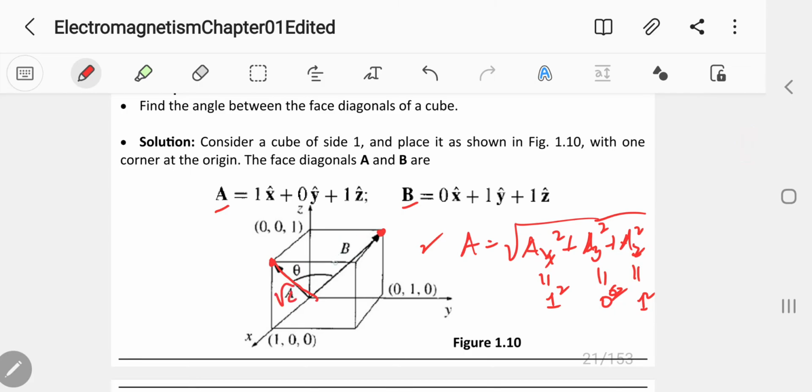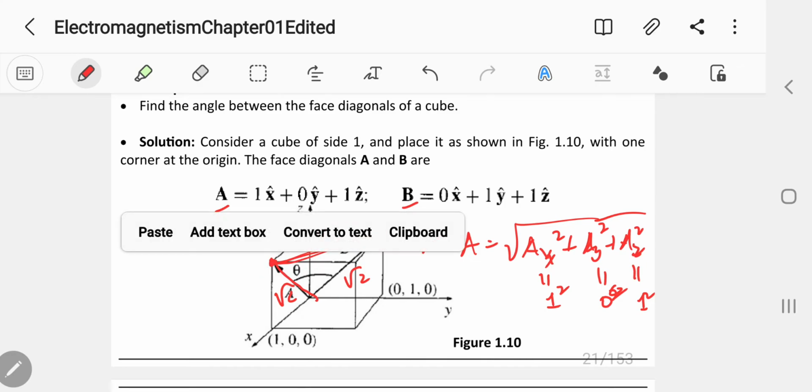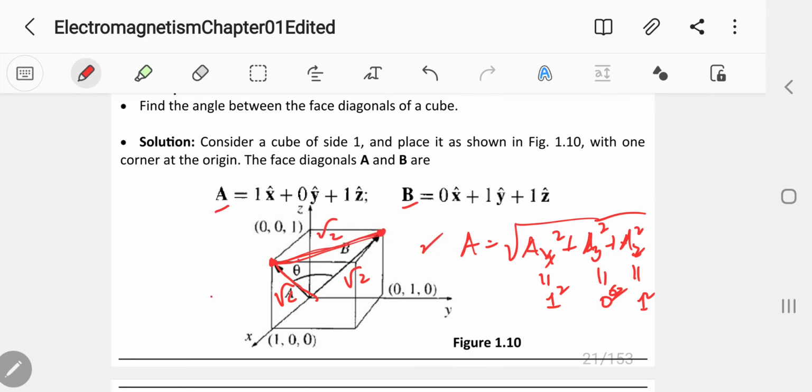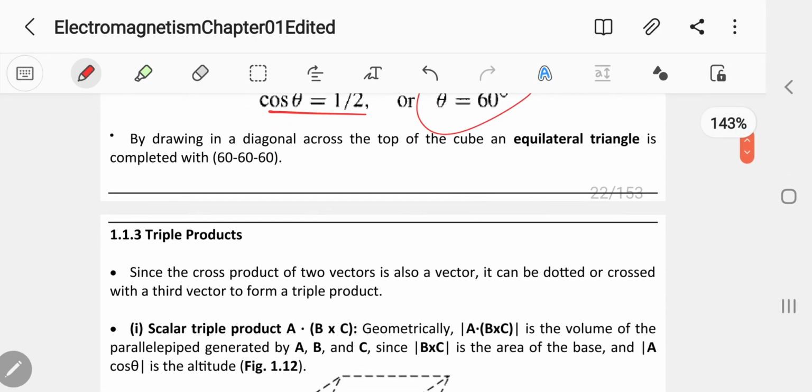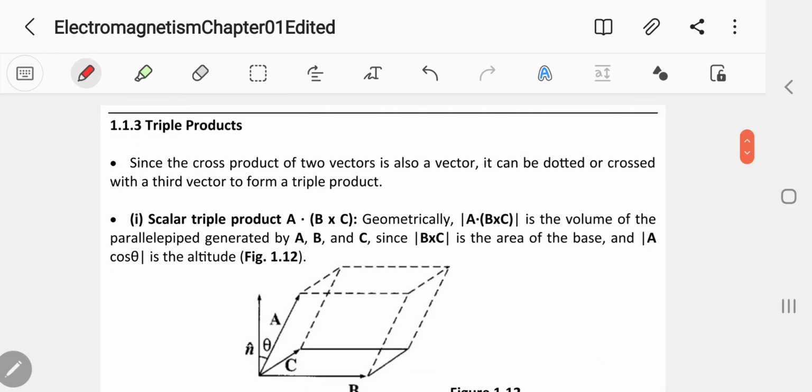This one is also square root of 2, and this one is also a diagonal, right? So this is square root of 2. You have an equilateral triangle. An equilateral triangle has angle 60 here and 60 here and also 60 here. So you can also get that by that, but if you're told to do dot product, you have to do dot product.